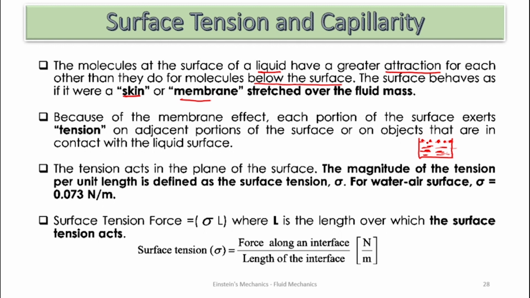The molecules attract each other, meaning the force of attraction between each two is greater, so they are approaching somehow a skin or a membrane or a solid entity. Are we good? That phenomenon helps us in many engineering applications. That's what we call surface tension: the ability of the surface of a liquid to behave as if it were a membrane or a skin.